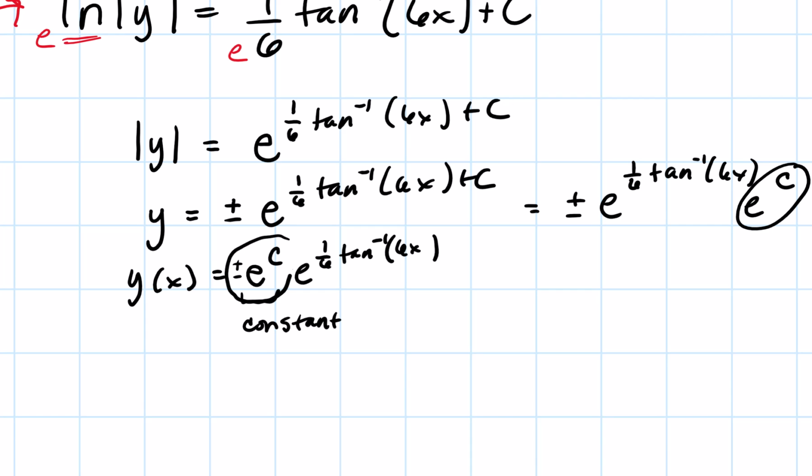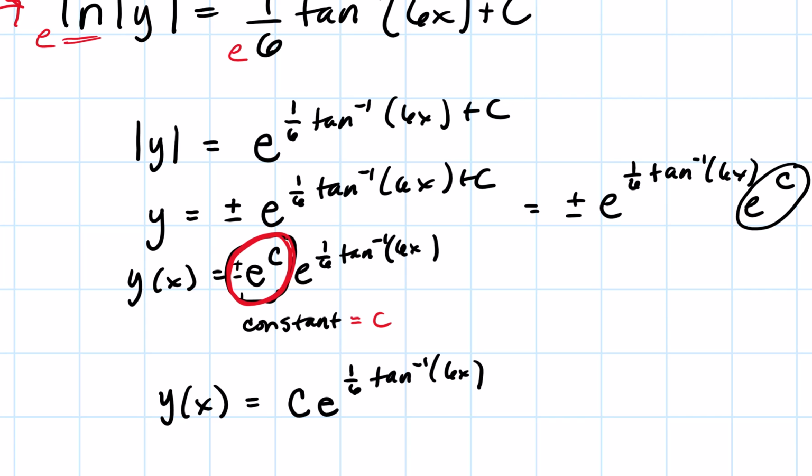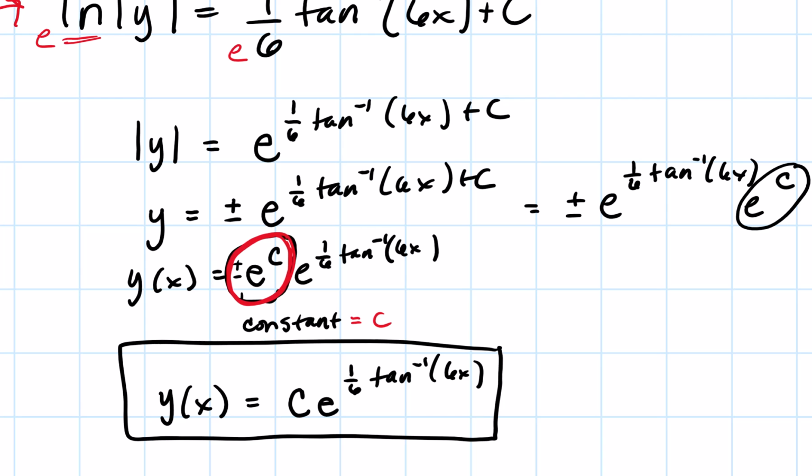So we could literally just take this whole thing right here. Let's circle it in red. We could take this whole thing and just define it as c. So let's just call that some constant c. C could be positive or negative. And we could write y of x equals c times e to the 1/6 inverse tangent of 6x. Now, given any sort of initial data, we would be able to find that actual value of c, positive or negative.